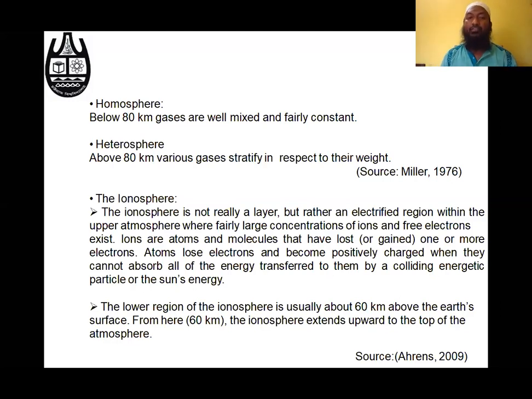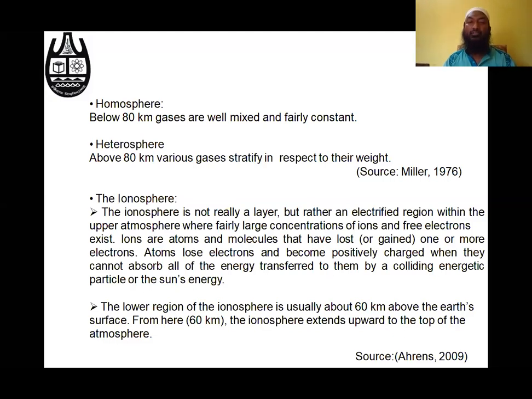On the other hand, if you want to describe electrically charged particles or areas which are electrified, we can divide another layer, the ionosphere. Actually, it is not a layer, but a characteristic of certain areas of the upper atmosphere, where a fairly large concentration of ions and sometimes free electrons can exist.